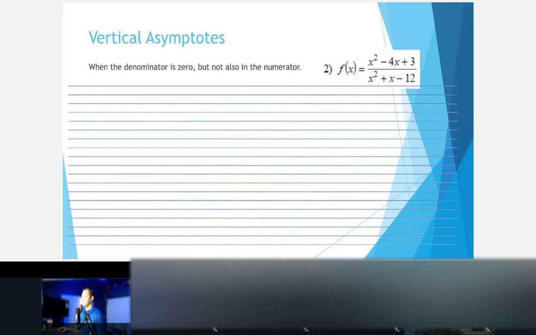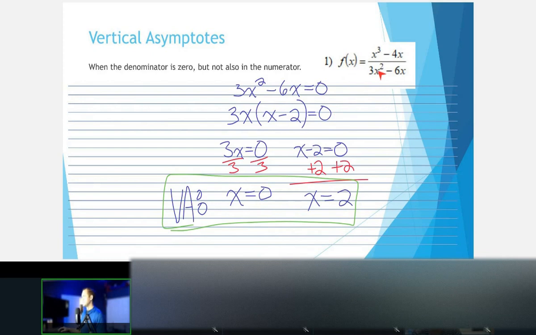All right, everyone, let's do this one. Let's find the VAs for this. Now, if you notice, just go back to this problem here. This is x squared. So remember, let's consider this like a second degree polynomial, at least for the bottom portion, right? So we should expect to find at most two solutions, and we do.